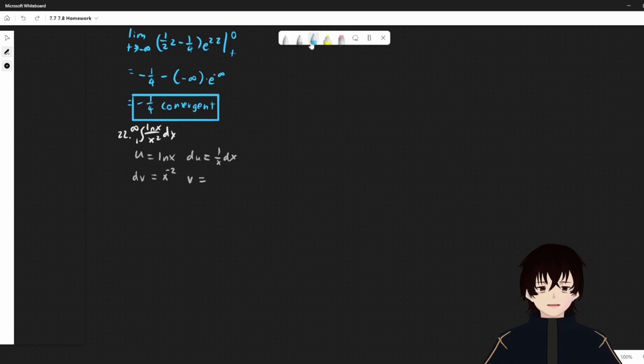Oh, dv, it's getting distracted. dv. This is dx. So the integral is negative x to the power negative 1. Perfect. Next up, we have, what just glitched?